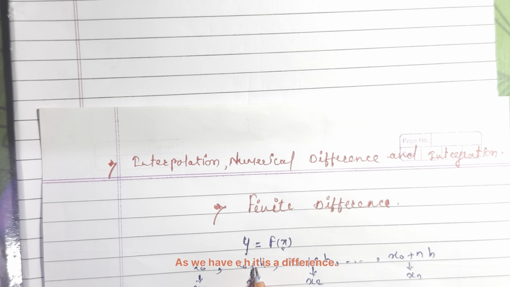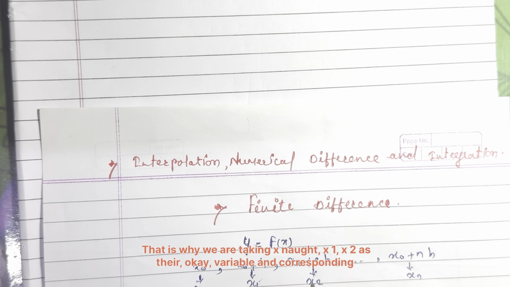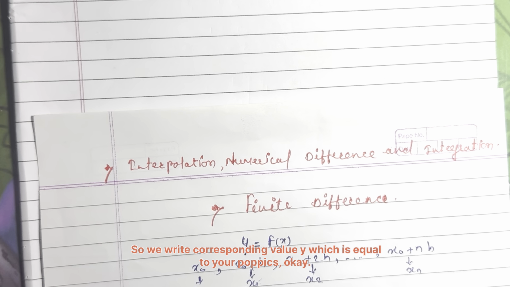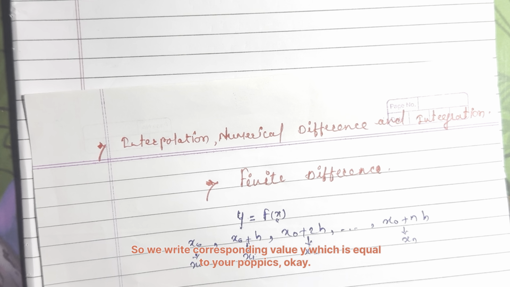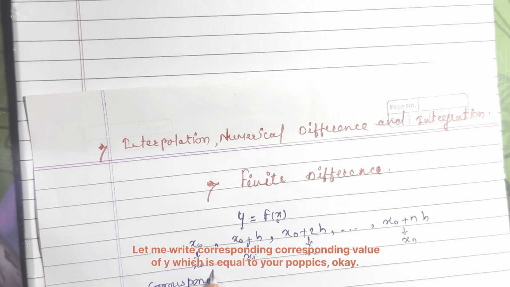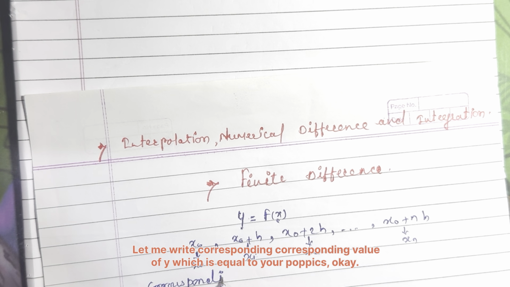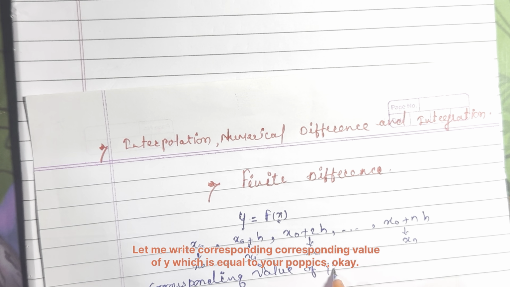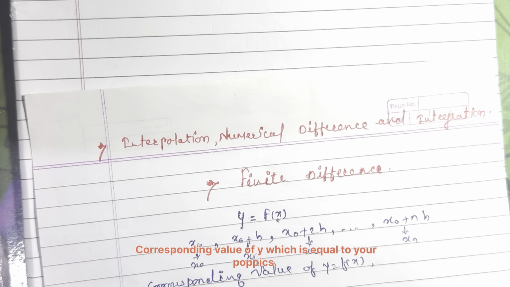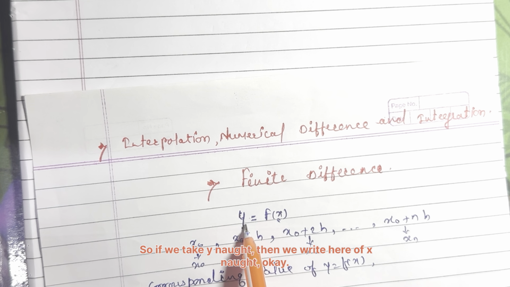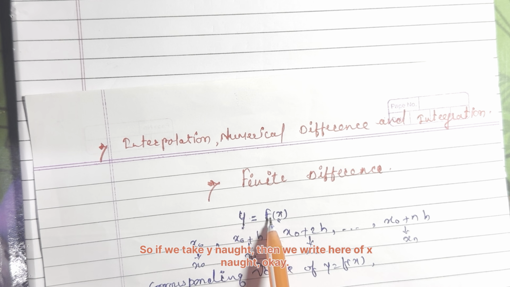As we have h as the difference, that's why we take x naught, x1, x2 as the variable, and the corresponding value of y equals f of x. If we take y naught, then we write f of x naught.